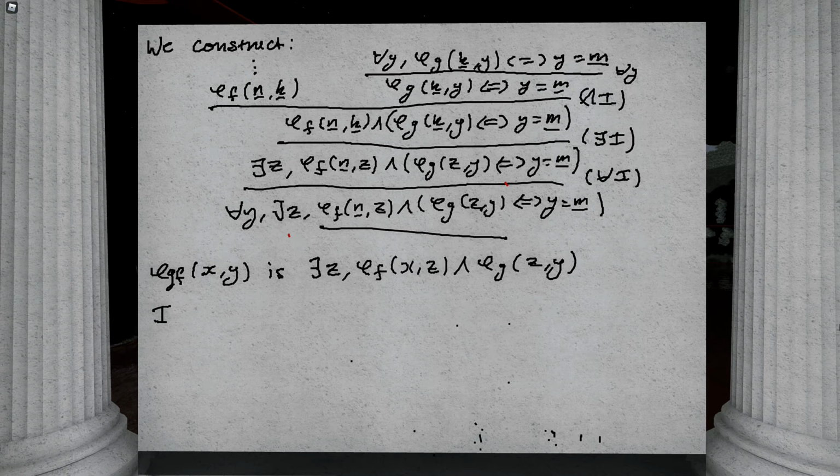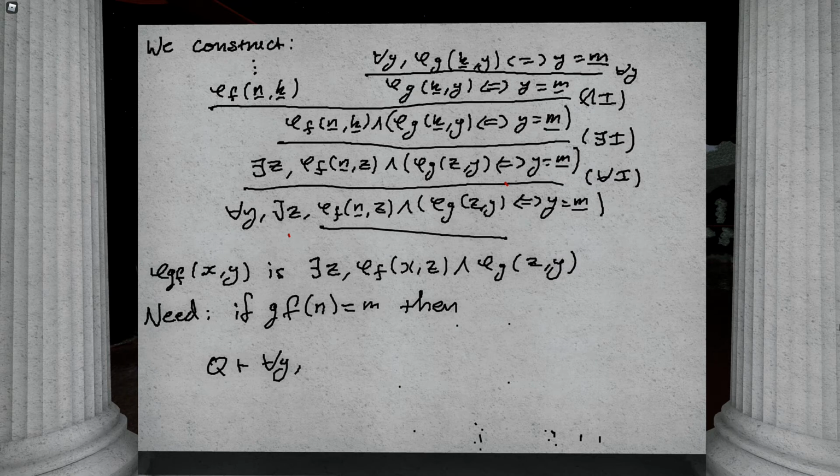And what we need is if gf of n is equal to m, then Q can prove for all y phi g f n underline y if and only if y is equal to m underline. Yep. Does that make sense?